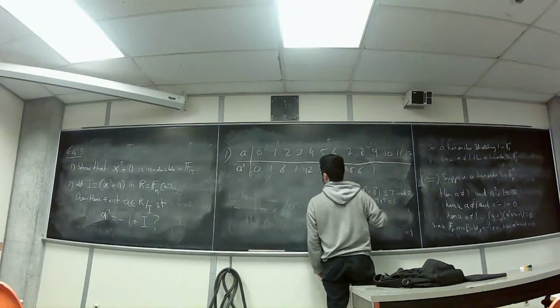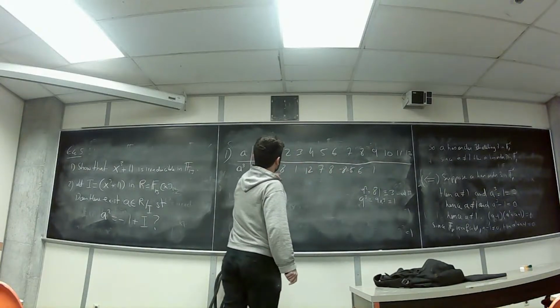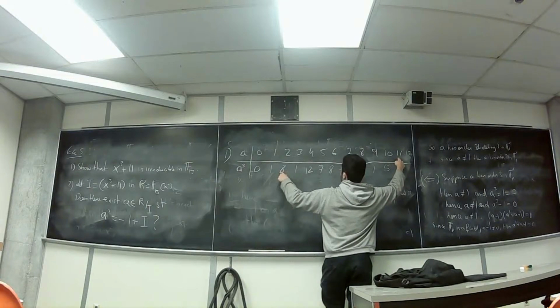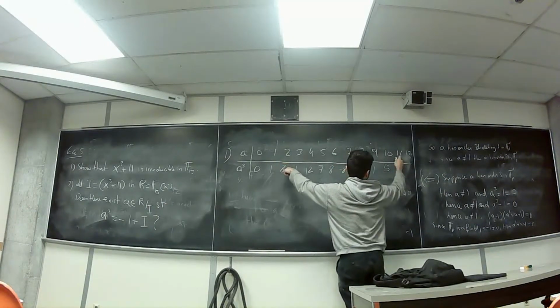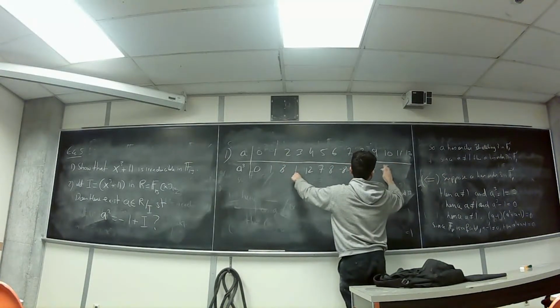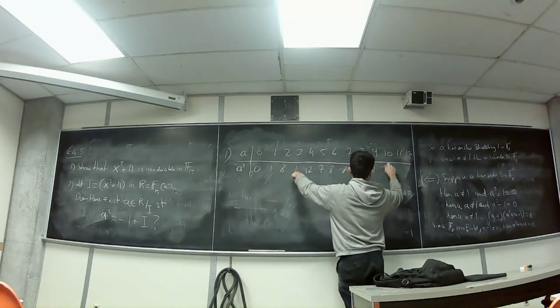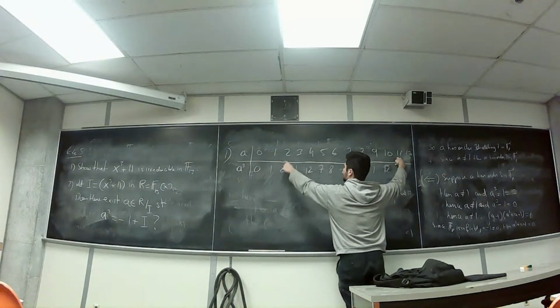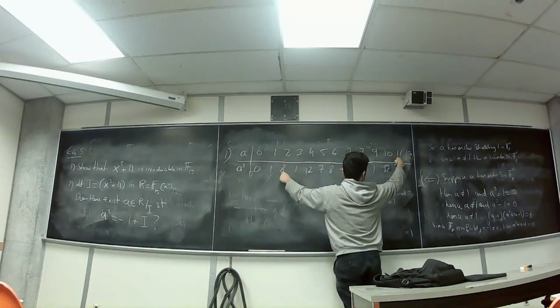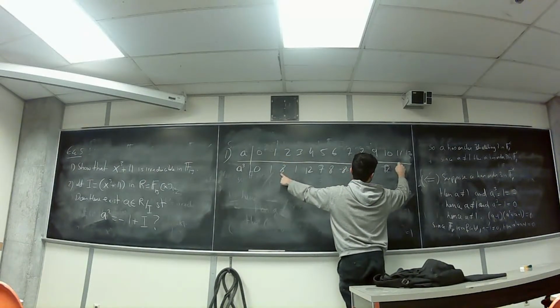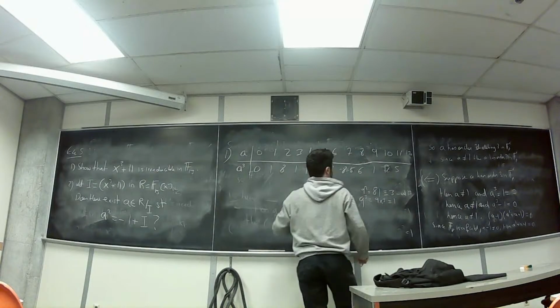10 cubed. What is 10 cubed? 10 is minus 3, so 10 cubed is minus 27, which is minus 1, which is 12. 11 is minus 2, so 11 cubed is minus 8, which is 5, right?